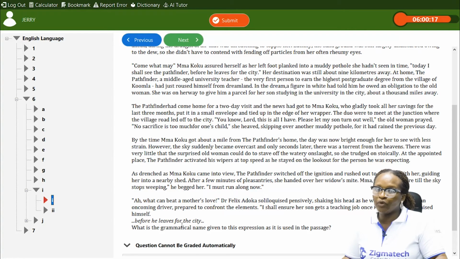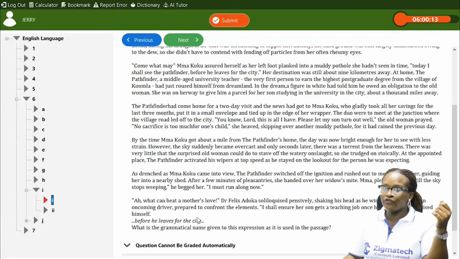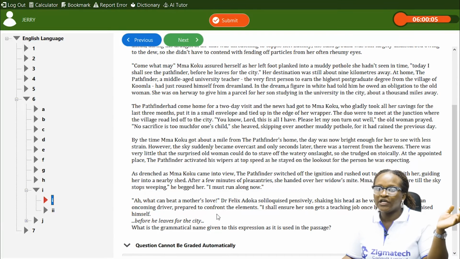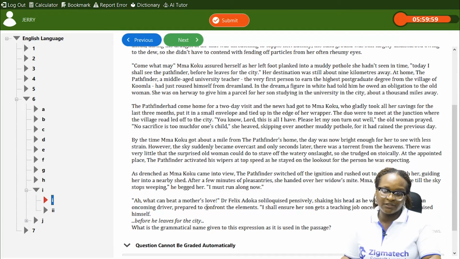Now, this is a subordinate clause of the main sentence. Obviously, a complex sentence or a compound complex sentence, but this is an extraction from a particular sentence, and this part of the sentence is called the subordinate clause, and that is usually where we identify the grammatical name. So this is adverbial clause. Why? Because there is a finite verb, which is leaves.